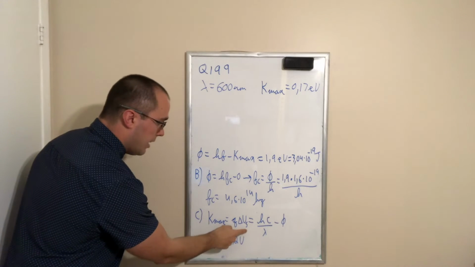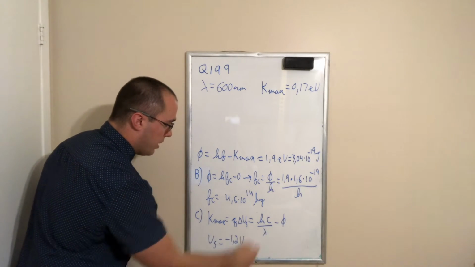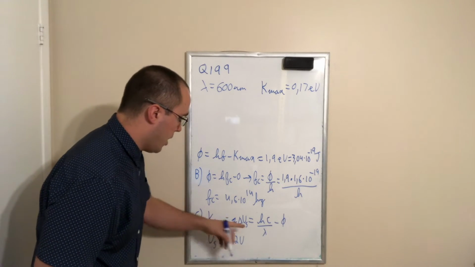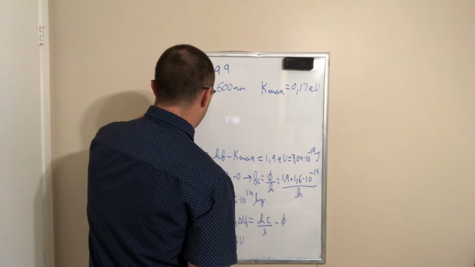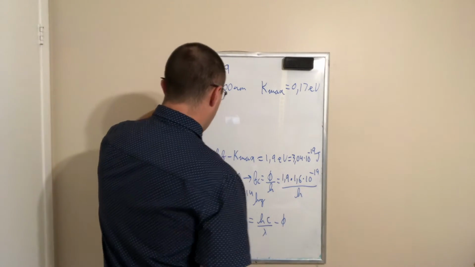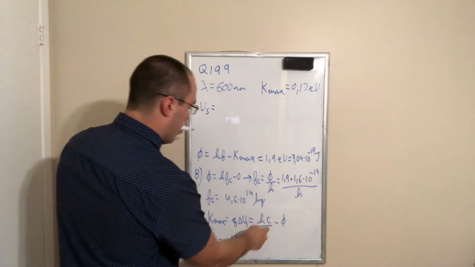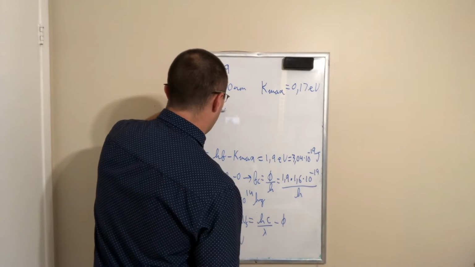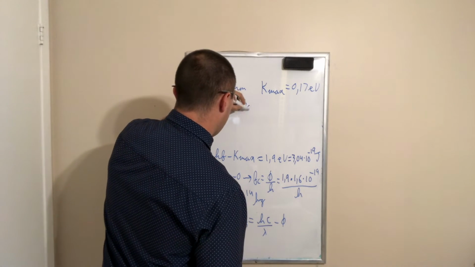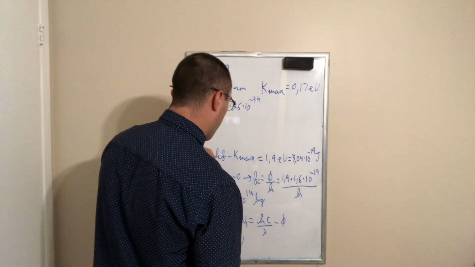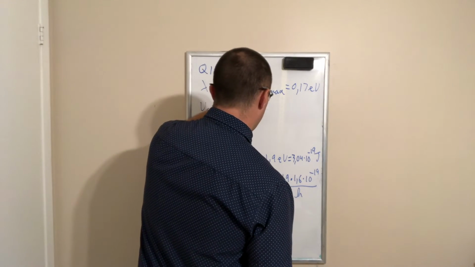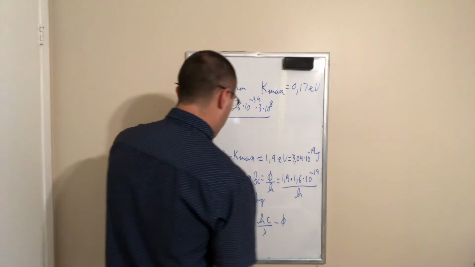So let's see how we could compute everything in joule here. So we have stopping potential is equal to H. So H is 6.626 multiplied by 10 to the power minus 34 multiplied by the speed of light, 3 multiplied by 10 to the power 8.